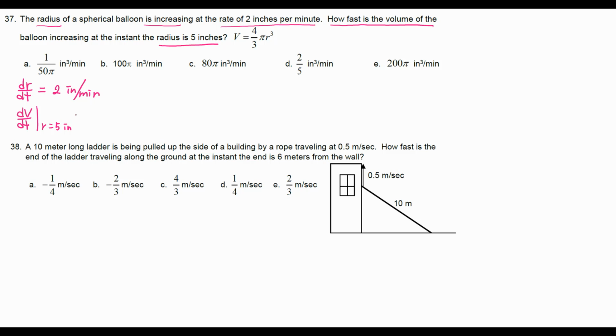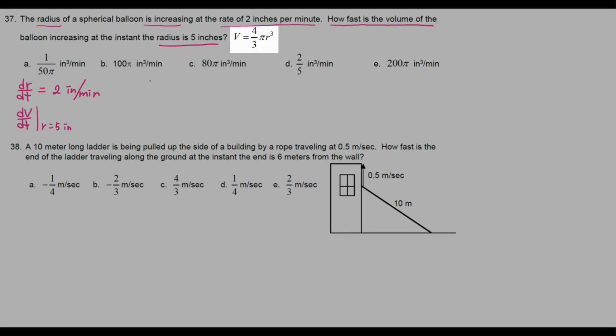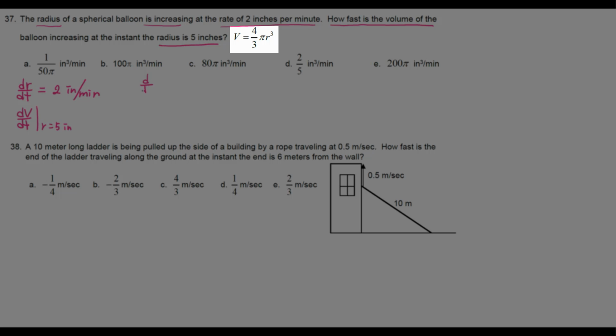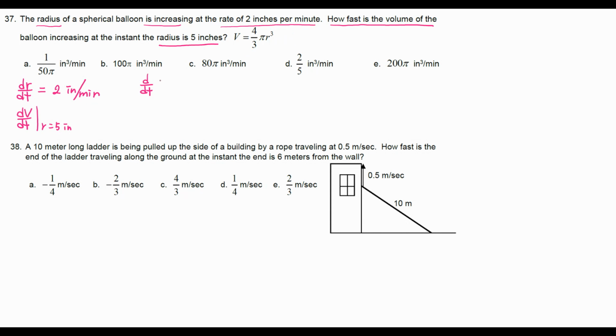And to do that, we're going to use this formula and do the implicit differentiation on both sides. So let's take the derivative with respect to time t of V equals the derivative with respect to time t of 4/3 pi r cubed. So when you do so, the derivative of V with respect to t is 1 dV/dt equals 4/3 pi r cubed.